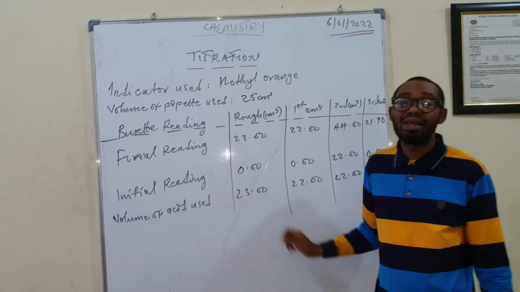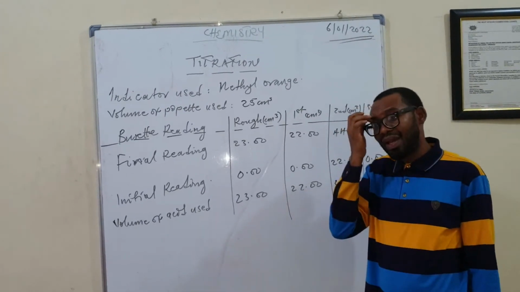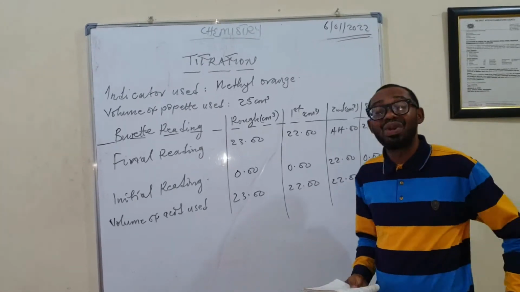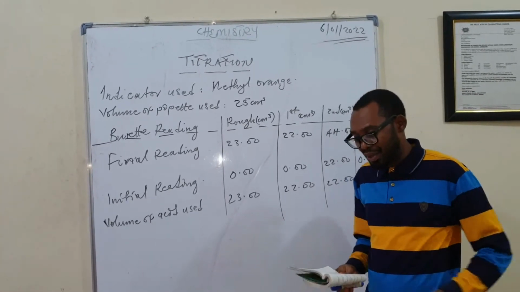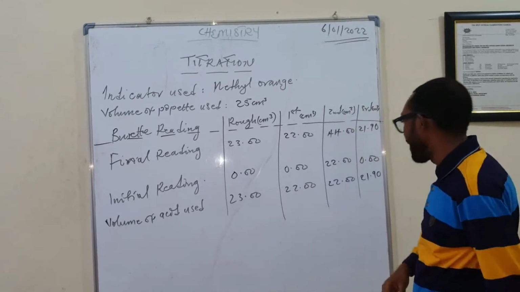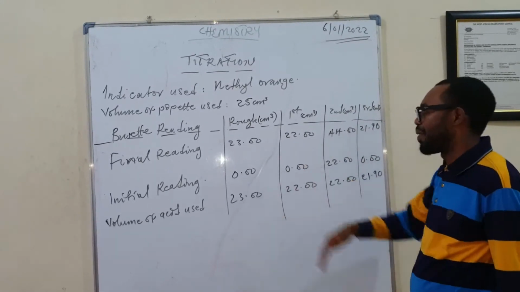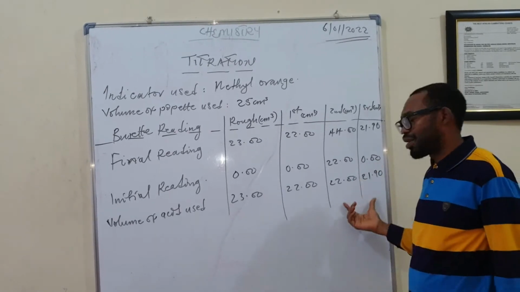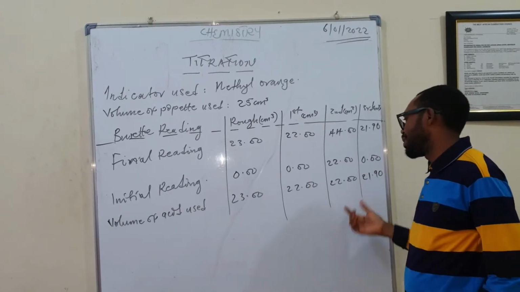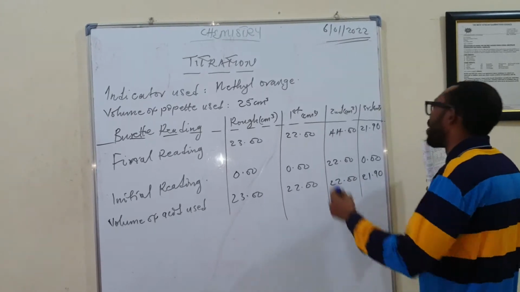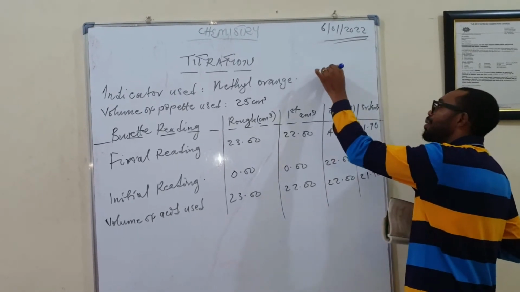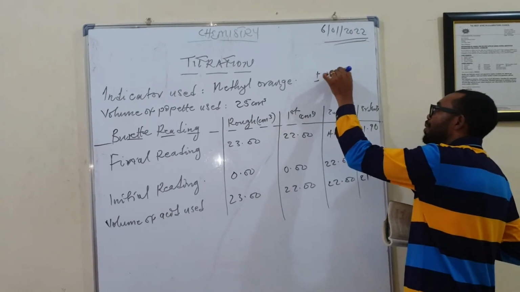Now, if we are to analyze this table critically, we discover that sometimes when I make provision for marks for accuracy, a student doesn't get that mark. Well, it depends on how you carry out your reading. It is noted that when you are doing titration, the difference between the last 2 readings must not be more than plus or minus 0.2.